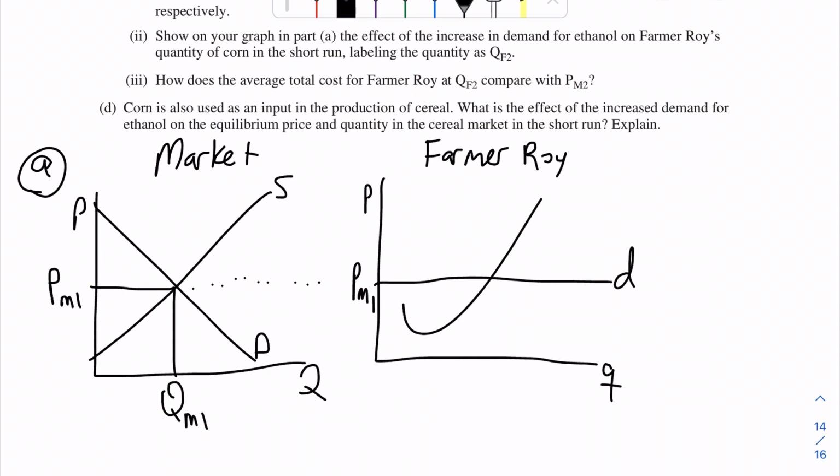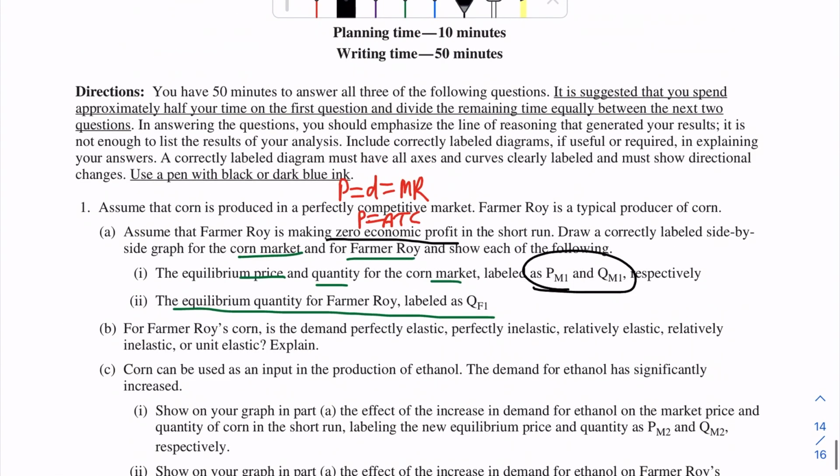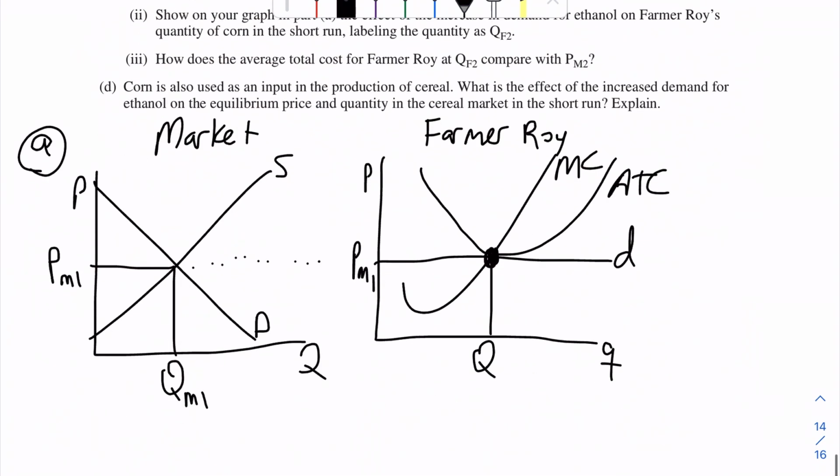You have your marginal cost curve, which is just a Nike swoosh, and then you have your ATC. Notice I drew my ATC where that is equal to the marginal cost and it's also equal to your price. So that is your Q, and we're going to label it Q_F1.